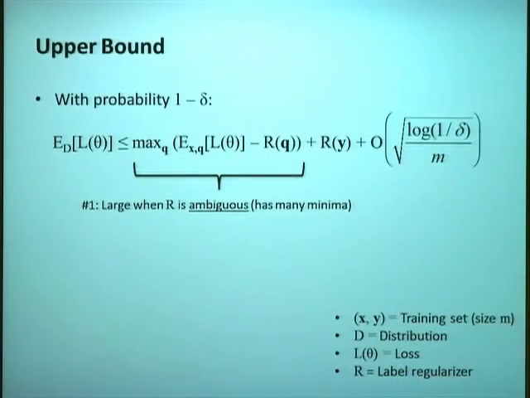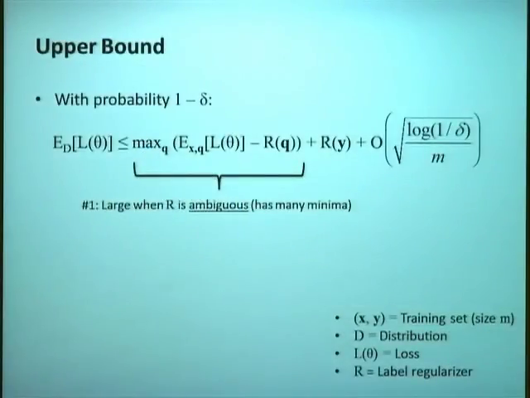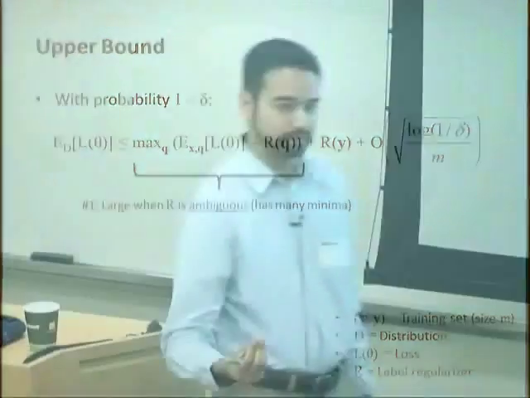This first term will tend to be large whenever R has a lot of minima, or near minima, because that gives the maximization more places where it can be large. In other words, this term will tend to be large whenever R is ambiguous: many labelings are possible or allowed.